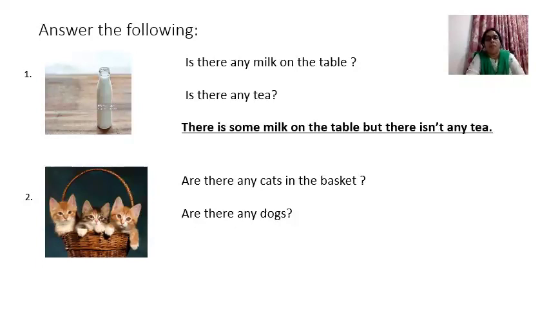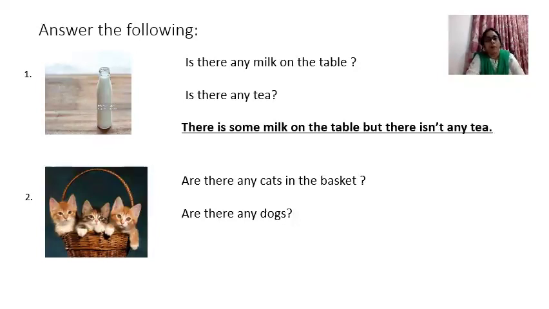In both the questions, milk and tea are uncountable nouns. We cannot count them. That is why we have started the question using is there. Whenever the question begins with is there, you have to answer using there is.